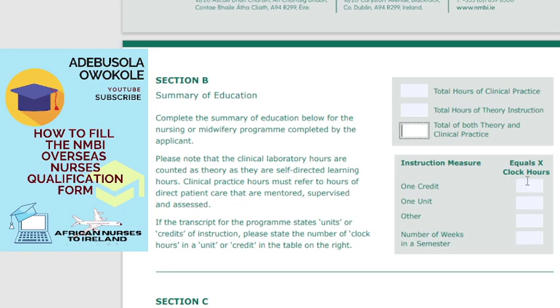If it's not relevant to your training or your practice, you just put not applicable. But 1 credit, I will show you another sample of a European standard of credits and units here.